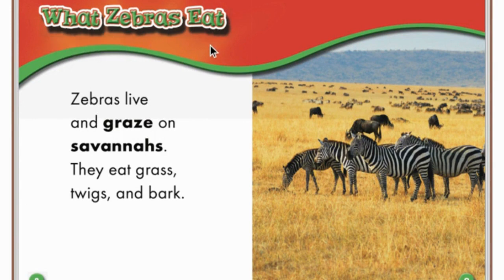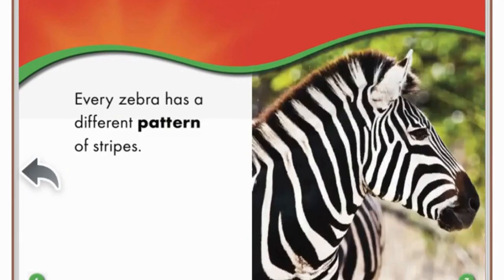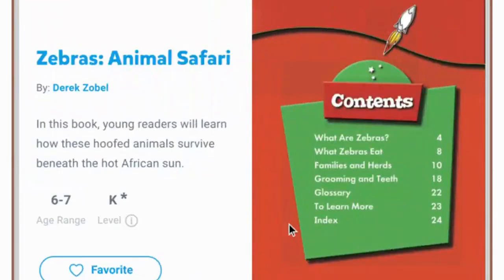If we go back to the table of contents, we should see What Zebras Eat as the second chapter, and page 8 should be next to the chapter because the chapter starts on page 8. Let's check. Look at that! What Zebras Eat is on page 8.